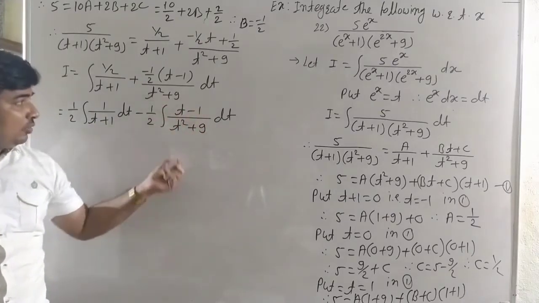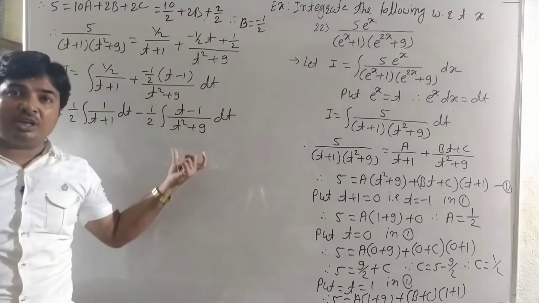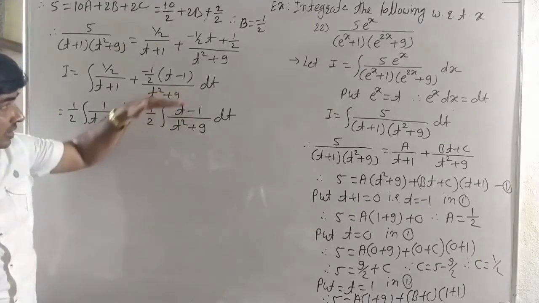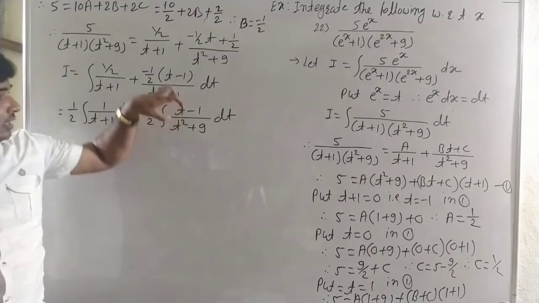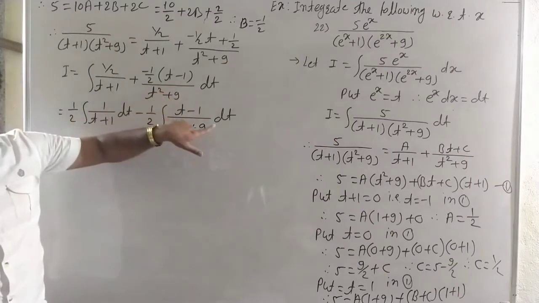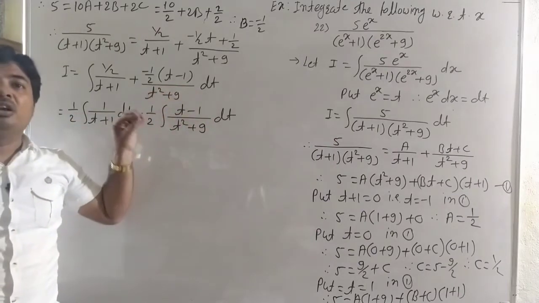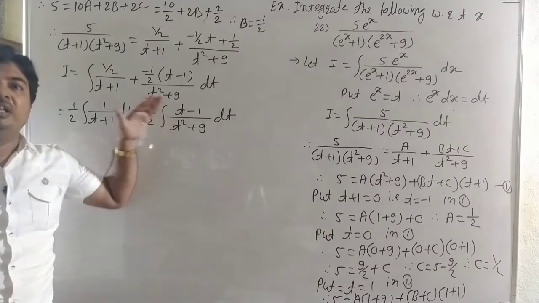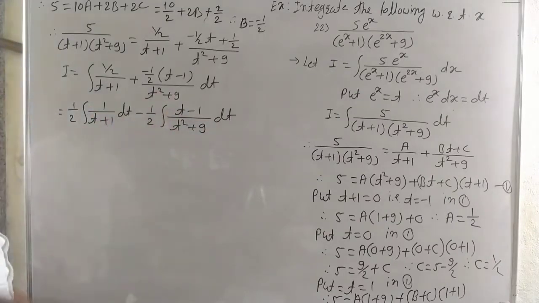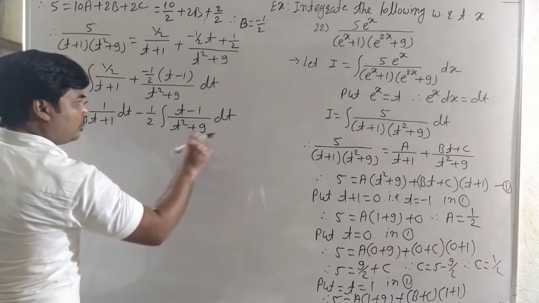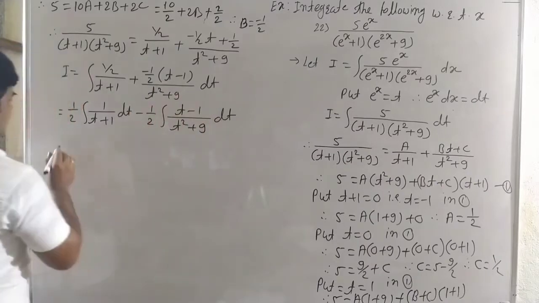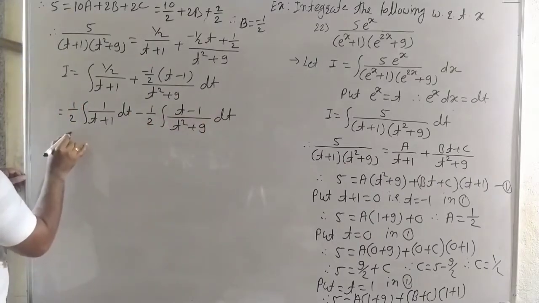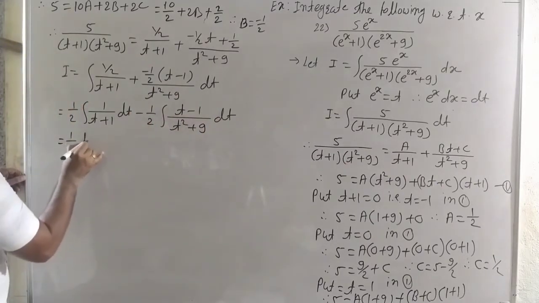That means here we adjust the derivative of the quadratic function in the linear function. Such examples we see in our lecture number 35, linear function upon quadratic function. Now we adjust the derivative of this quadratic function in the linear function. So here we can write 1 by 2 as it is.